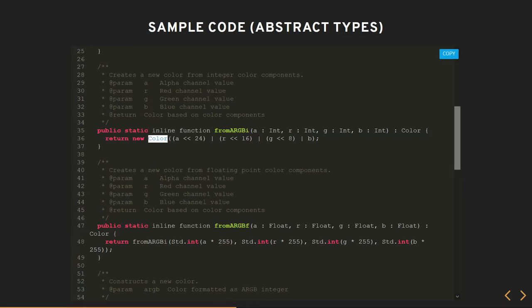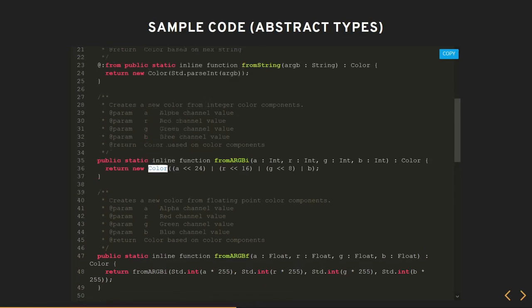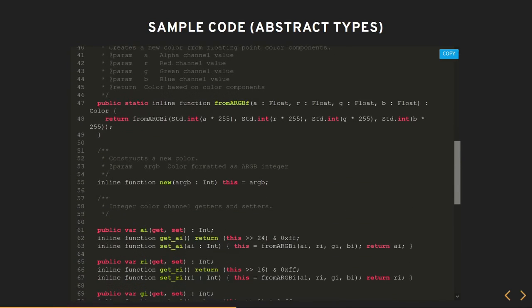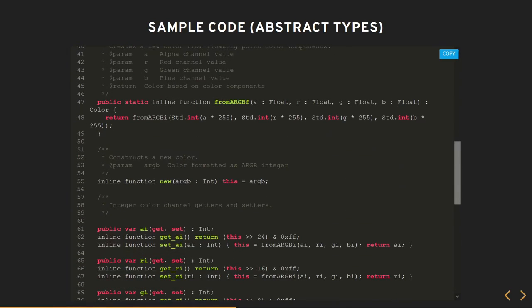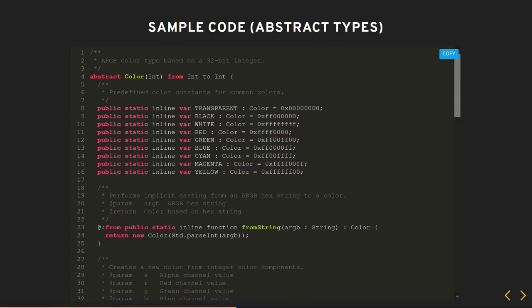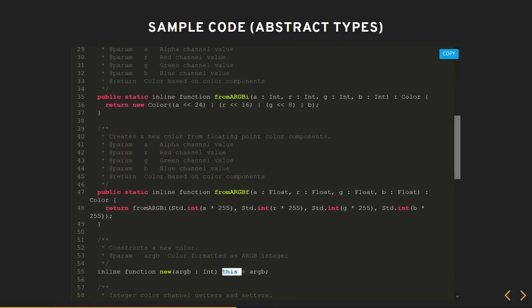But it's going to merge all of these into a single 32-bit integer and pass that to our constructor, which is probably lower. Okay, so function new, what does it do? This is a parameter. So it sets itself, and itself is just an integer, to this parameter.